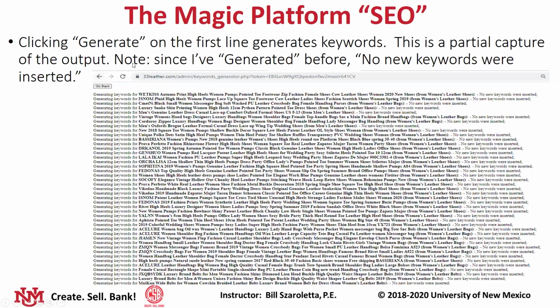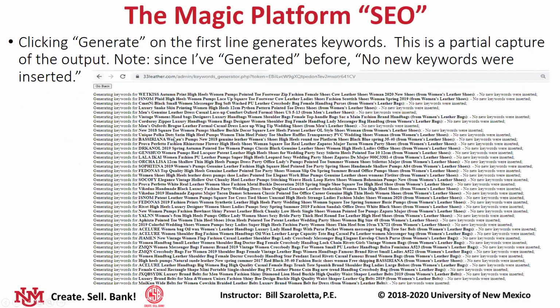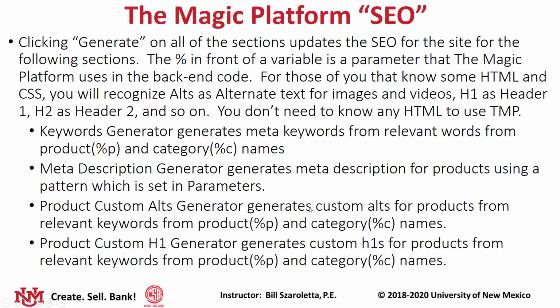And clicking on Generate on the first line generates keywords. So no new keywords were inserted here because I had already done that. But every product that you have in the store will show up, and it will have keywords that are available for the search engines.